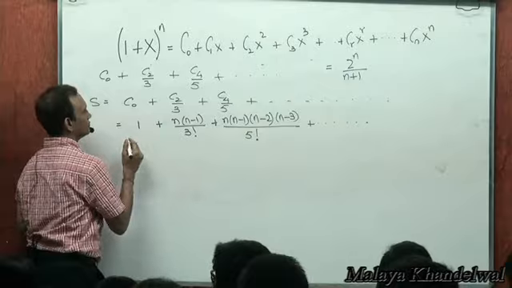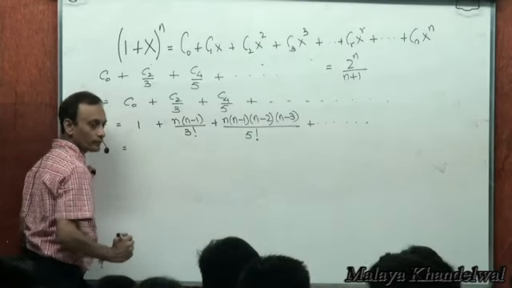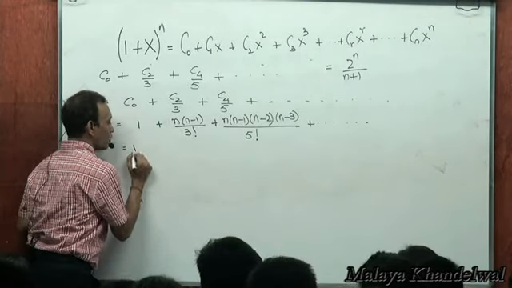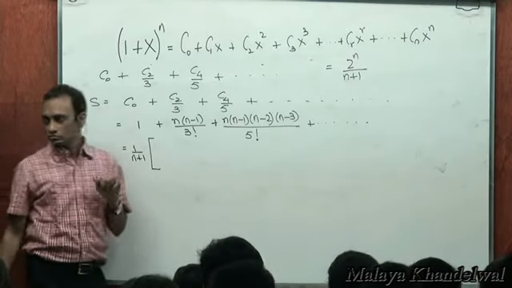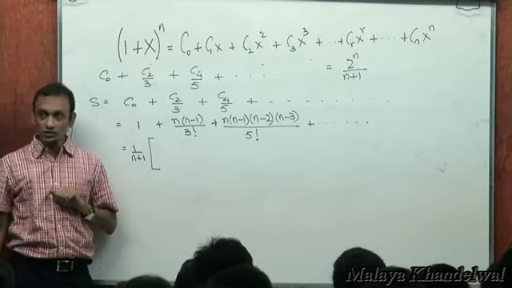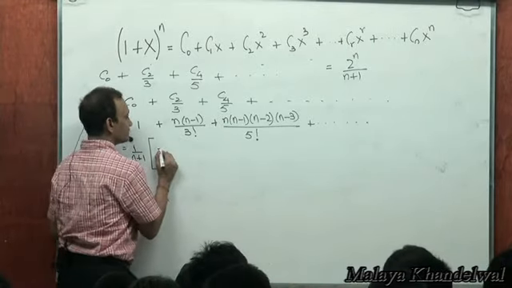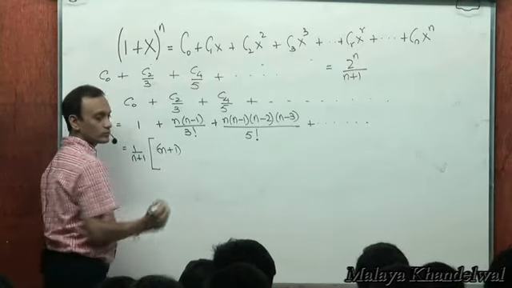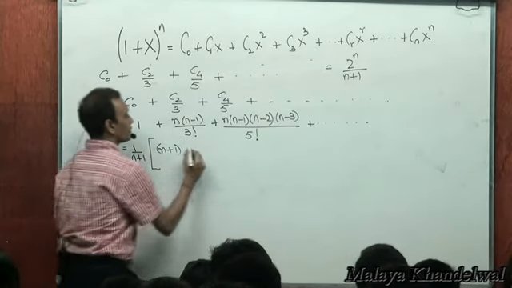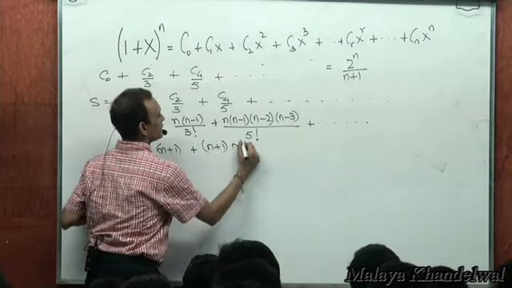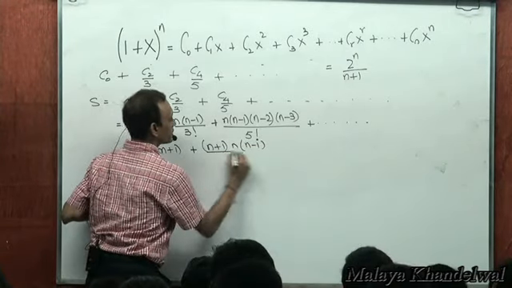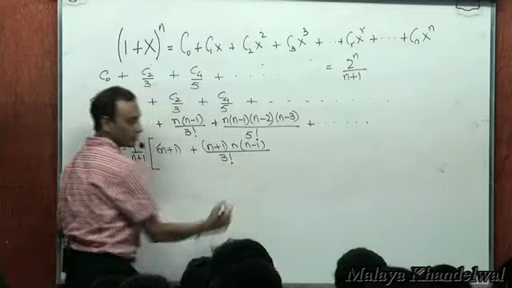Now, I take 1 by n plus 1 common from this. Then this would be like n plus 1. This would be n plus 1 into n minus 1 by 3 factorial.